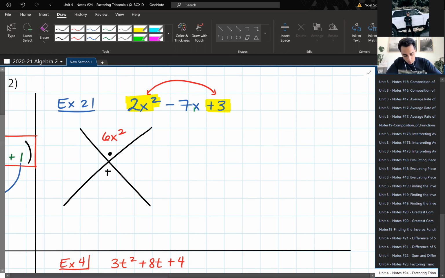Then you're going to drop that middle term, the negative 7x, here where I have the little plus symbol. Negative 7x.